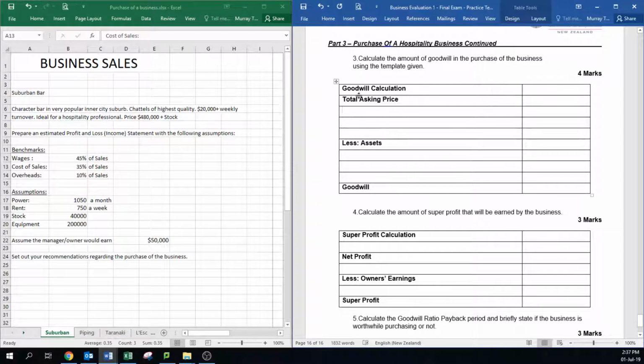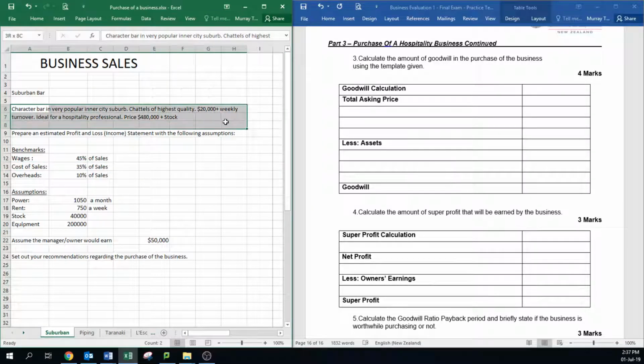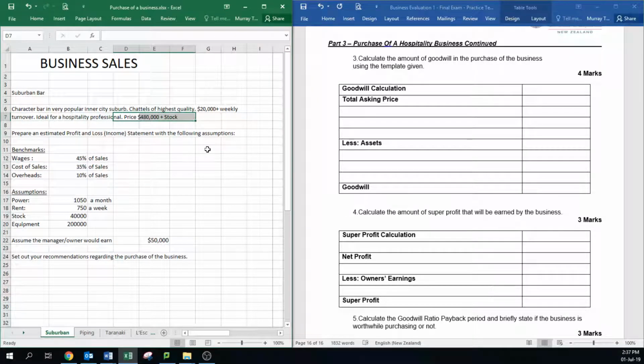So first of all, to calculate goodwill, you need to find out, well, what's the total asking price minus what assets do you get for that, and the extra that you have to pay is called goodwill. So go back to the advertisement, have a look, and here we go. We've got the price is 480,000 plus stock.